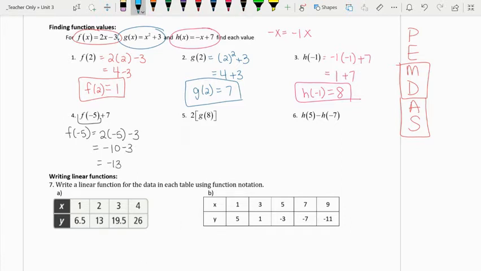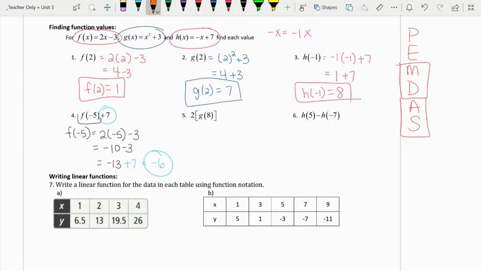Now, I need to throw in this whole plus 7 thing. So my final answer would end up being negative 6. And you could write out f of negative 5 plus 7 equals negative 6. Either is fine.